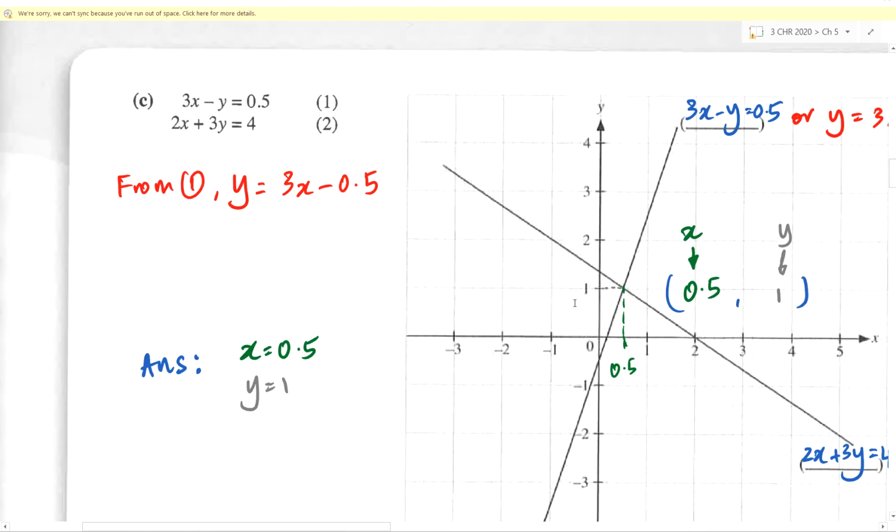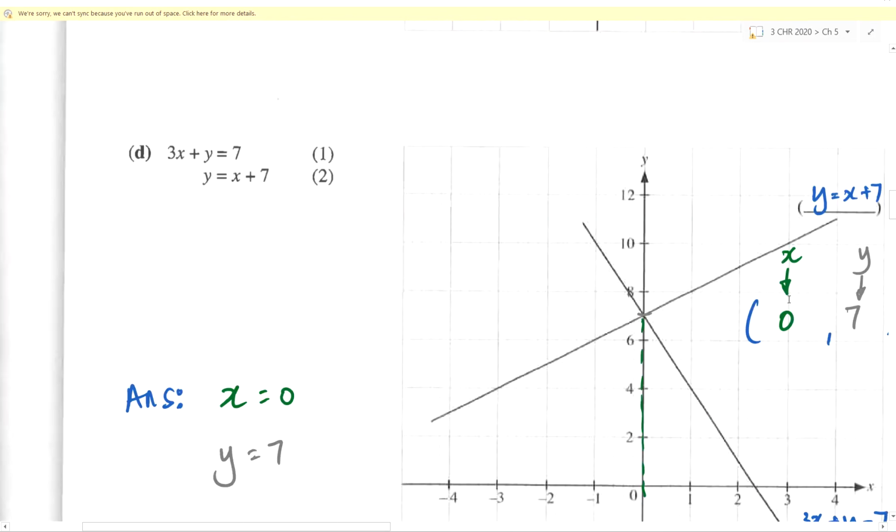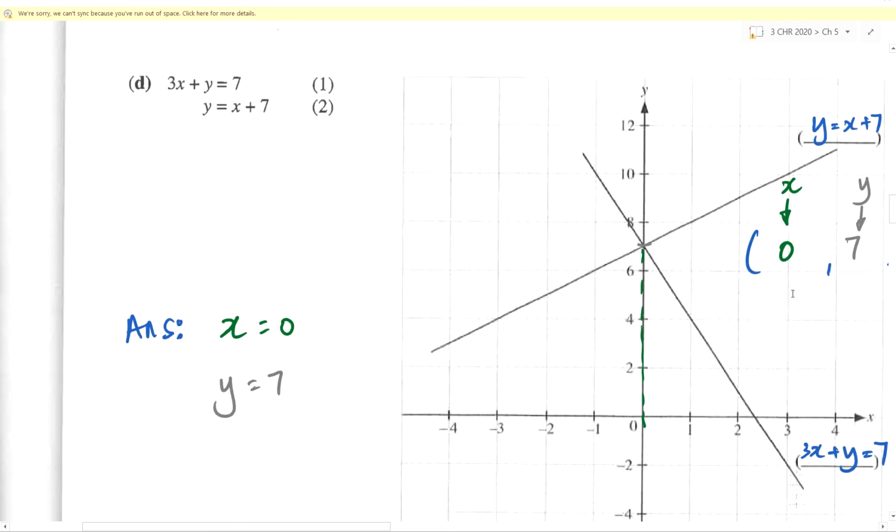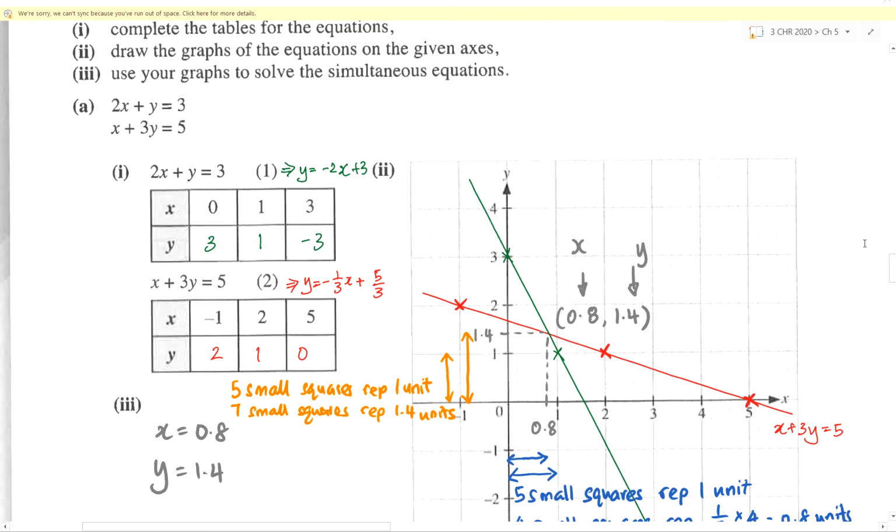For part C, the two graphs intersect over here, therefore the answer for x is 0.5 and the answer for y is 1. For part D, the two graphs intersect at this point, so the answer for x is 0 and the answer for y is 7. So we see this pattern over here.